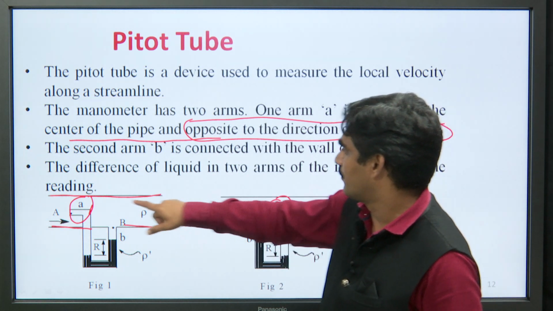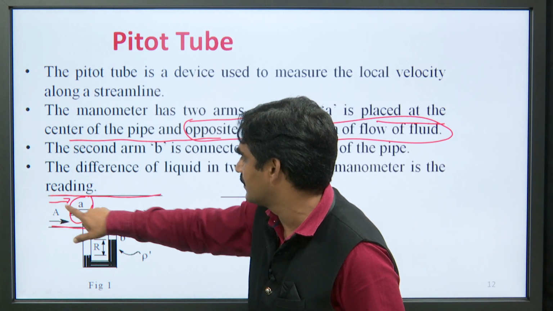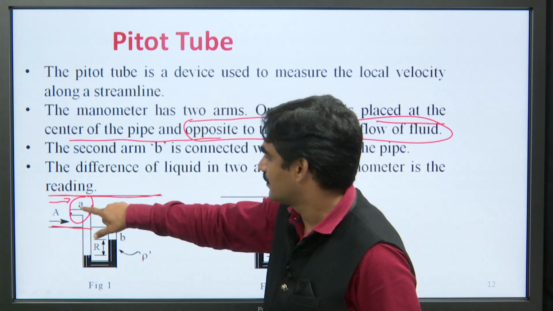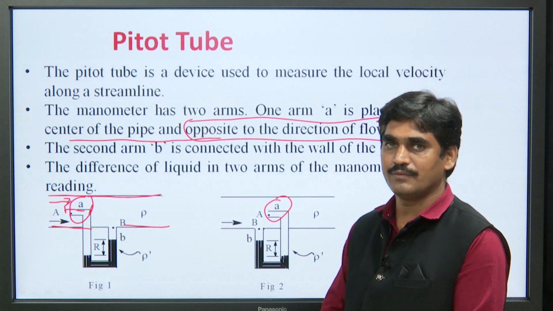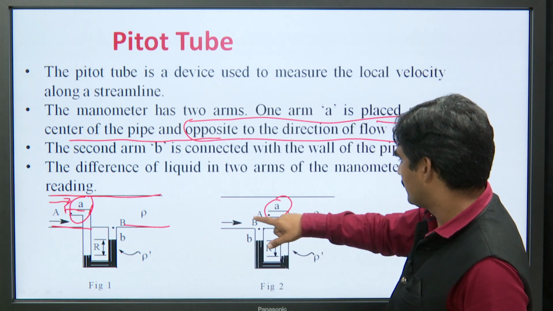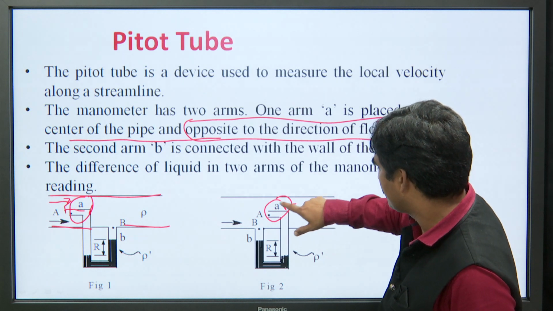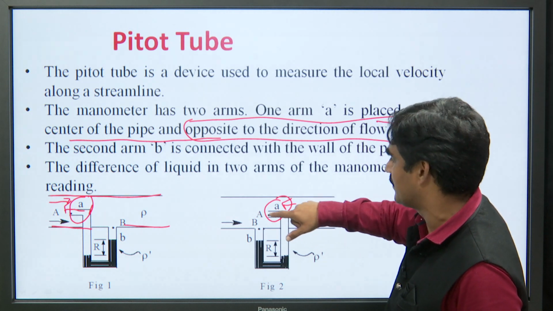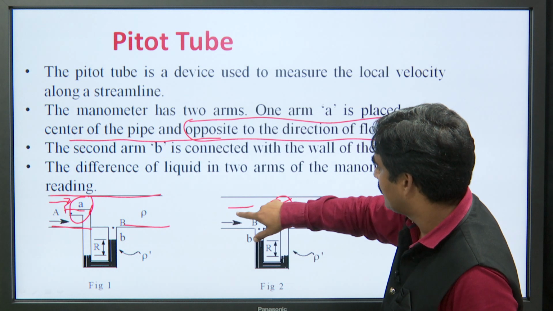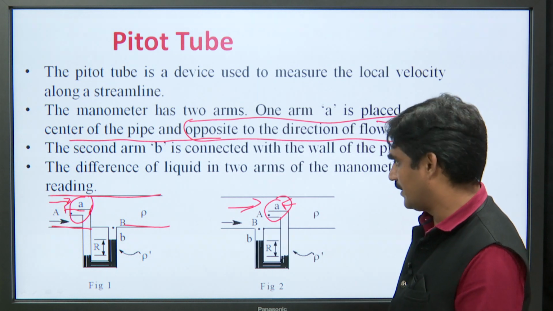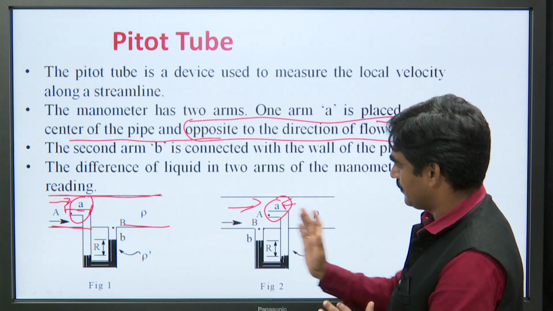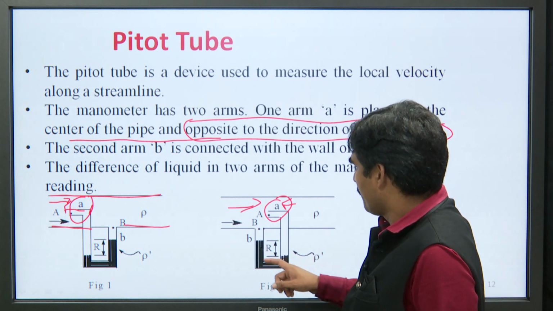If fluid is moving in this direction, then the arm should be facing opposite to the movement of flow of fluids in both the cases. This is the arm which is facing opposite to the flow of fluids. Fluid is moving in this direction, arm is facing in that direction. There is a difference in both the figures.